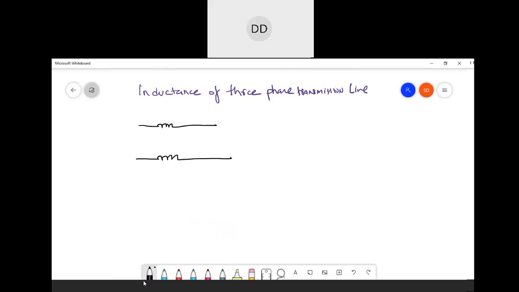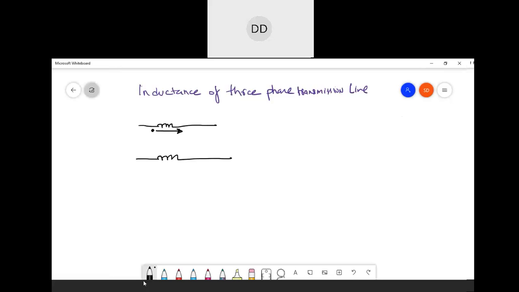If I draw a dot over here, that means the flow of current is from here to here. If the dot is drawn on the other side, then the current flows in the other direction.